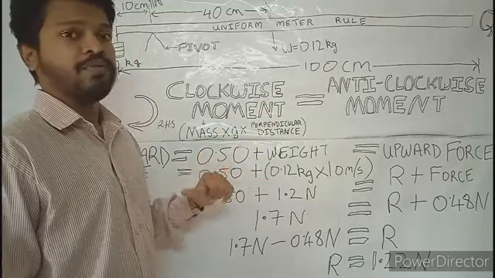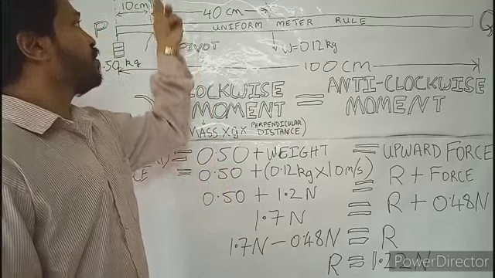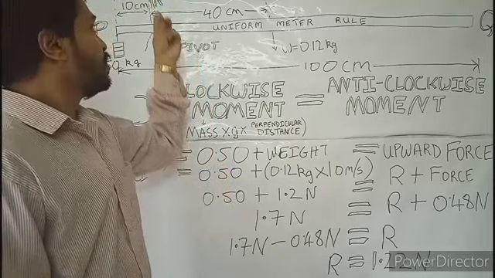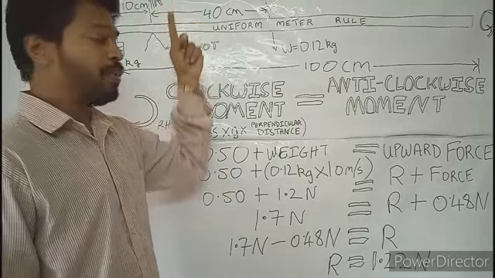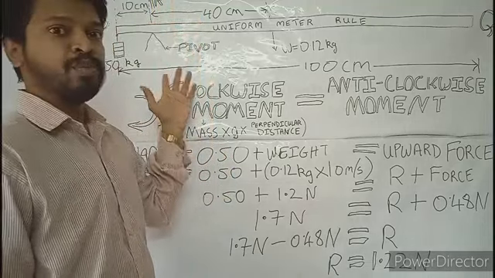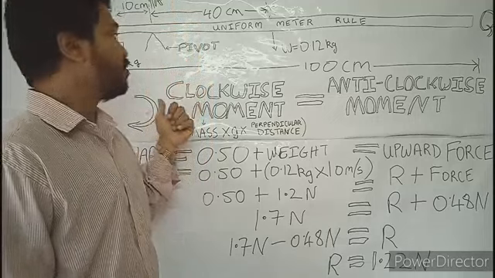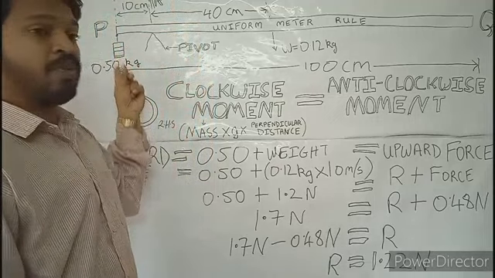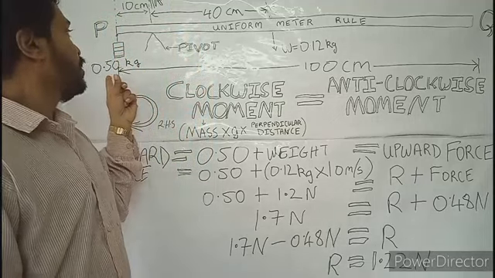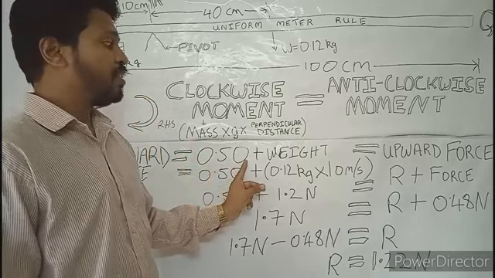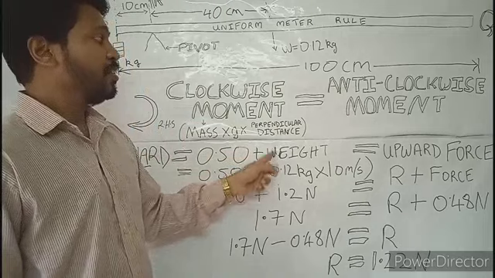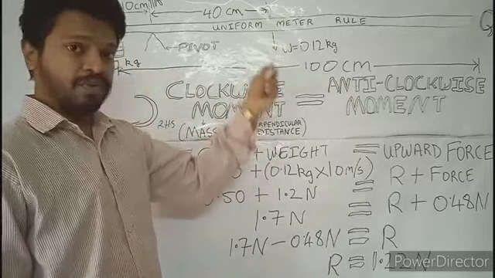Now you can see the resultant force is an upward force, and now we need to look at the downward forces. The downward force over here is showing 0.50 kg, so you will write 0.50 kg, plus the weight which is also acting downward.